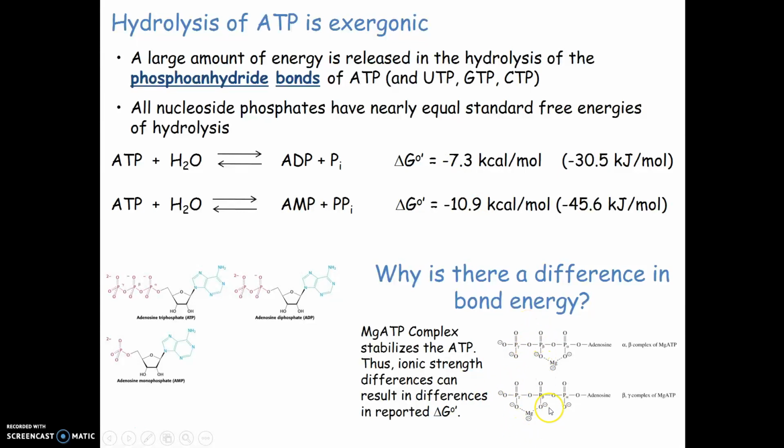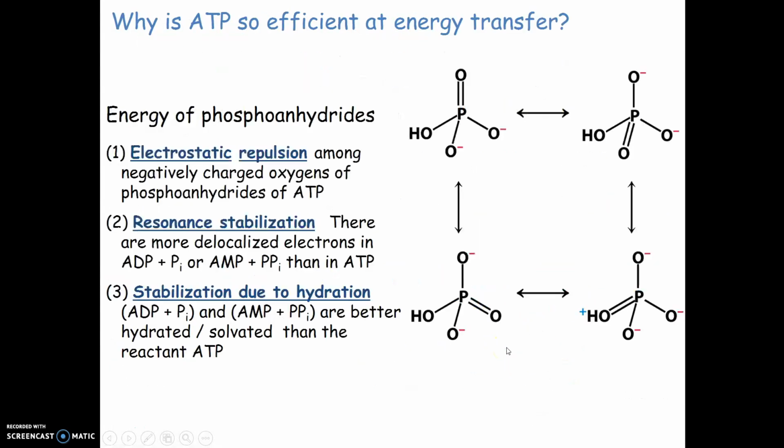Versus here, this leaving group is super stabilized, and so we get a lot of energy when we release this pyrophosphate versus this single phosphate. All right, so overall, remember delta G is not just the heat of reaction, so our enthalpy, but it also takes into account our entropy. And so that's, remember, the amount of disorder.